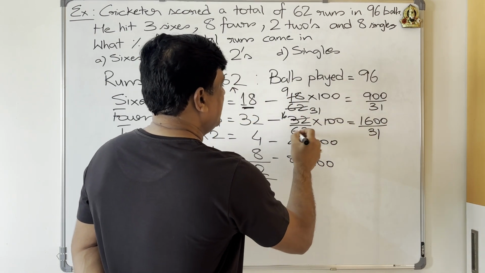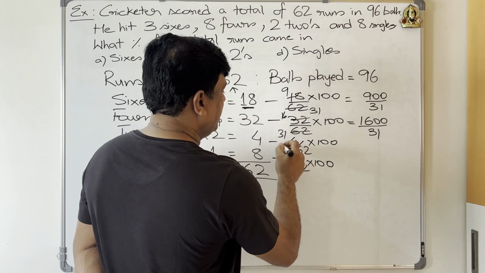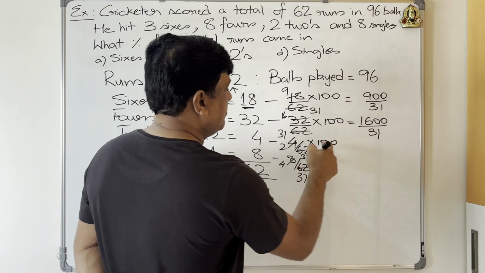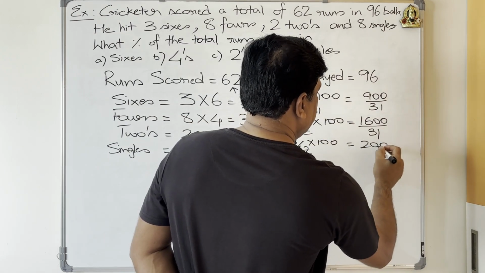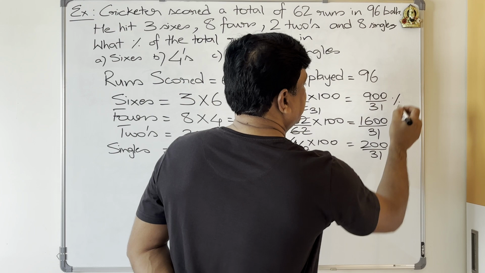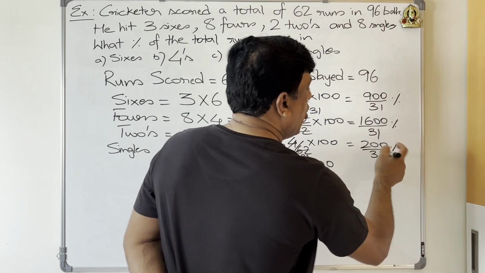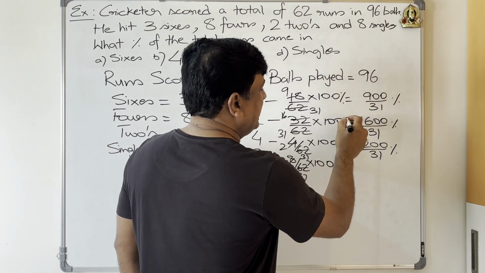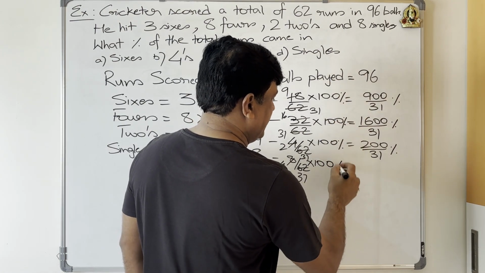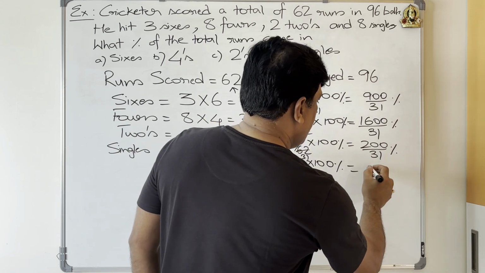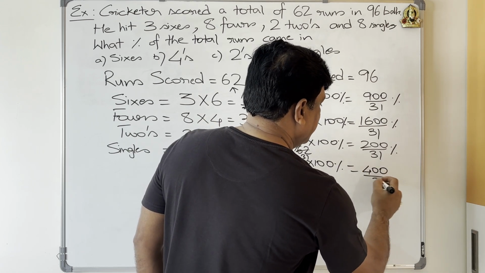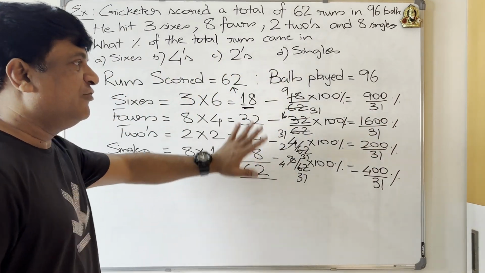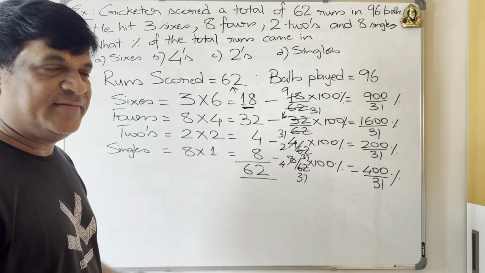Similarly, this will be 200 by 31. This is all percentage. Remember, this will be all percentage because you are already calculating the percentage by multiplying with 100 over here. Look at it, and this will become 400 by 31 percentage. So we can do the math and get it out. So understood? This is how you calculate.